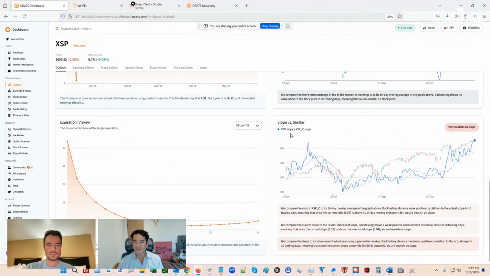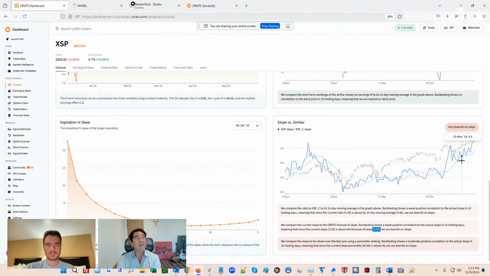And right now, especially compared to the components, you're seeing a very high slope, and the current ratio is above the moving average. So that is pretty high. The current slope of 5 is higher than the forecast of slope, which is 3. So everything's saying the slope is high right now, meaning the puts are high.